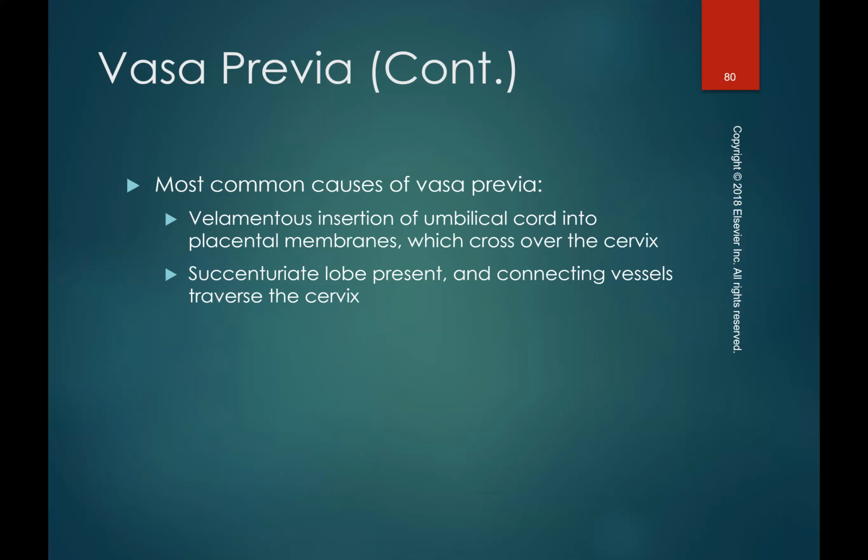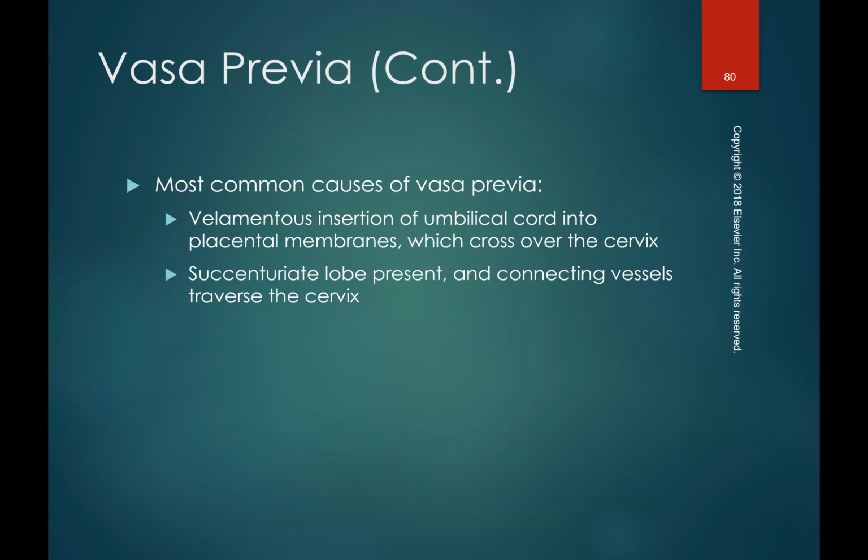The most common causes of vasa previa would be a velamentous insertion of the umbilical cord into the placental membranes, which cross over the cervix. So if you do not see the cord insert within the placenta and you see a velamentous insertion, which is the cord inserting into the membranes, you definitely want to check for vascular flow over the cervix.